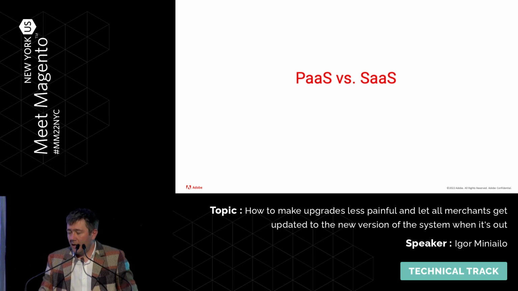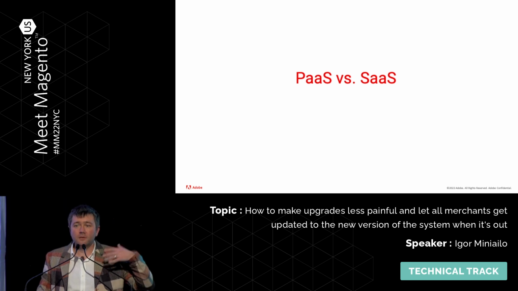As a definite advantage of the PaaS solution, we may consider almost unlimited extensibility, while the definite advantage of the SaaS solution is being always current, the possibility to upgrade all the merchants at once, not keeping them on a previous version of the system.